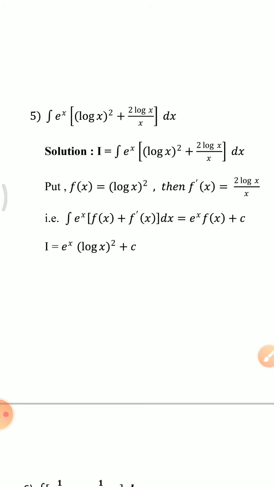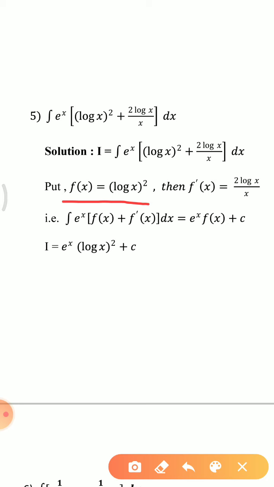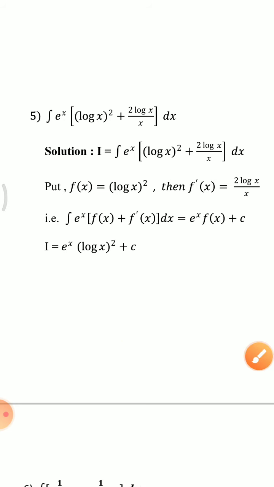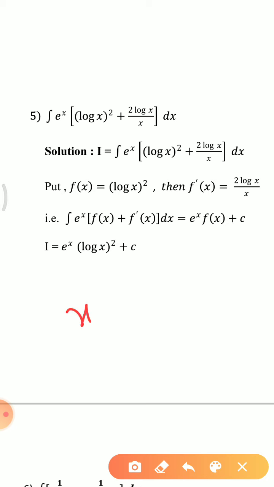Here we take f of x is equal to (log x)². Then we find the derivative, applying the composite function rule. The derivative of log x is 1 by x, and for the bracket we apply the x raised to n formula, that is the derivative of x to the n is n x raised to n minus 1.